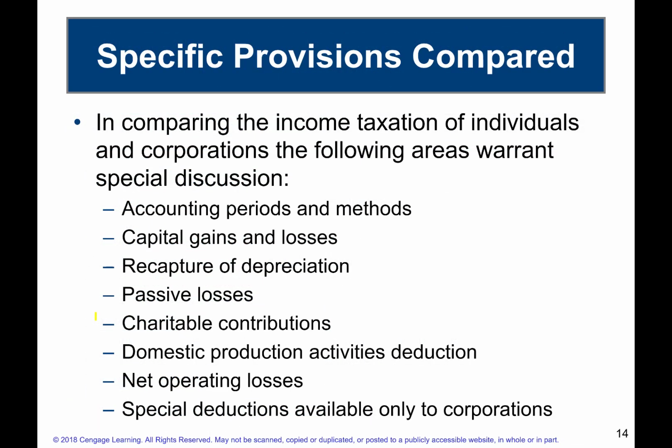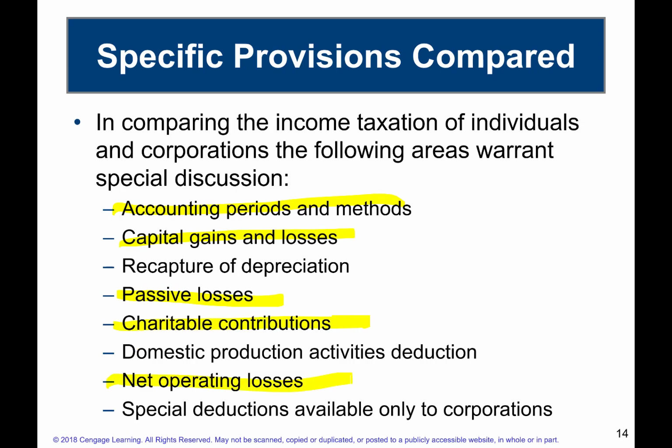Okay, good. So let's see which ones we're going to focus on, and we'll talk a little bit about accounting periods and methods. There are different rules for corporations for capital gains and losses. We'll talk a little bit about passive losses. We'll talk about charitable contributions.